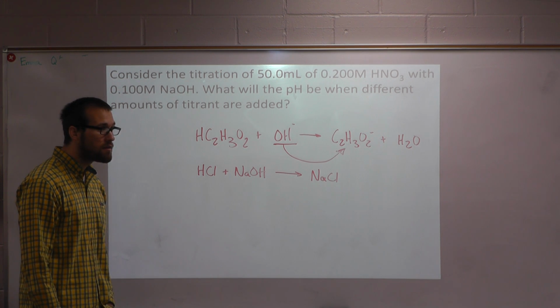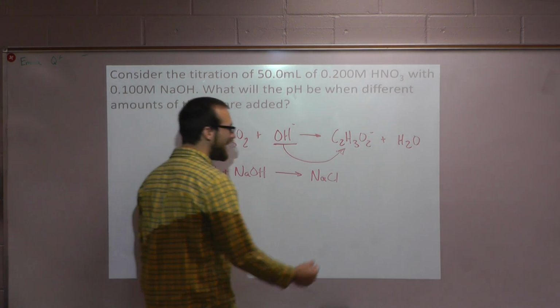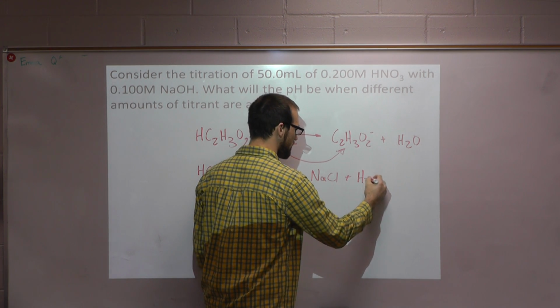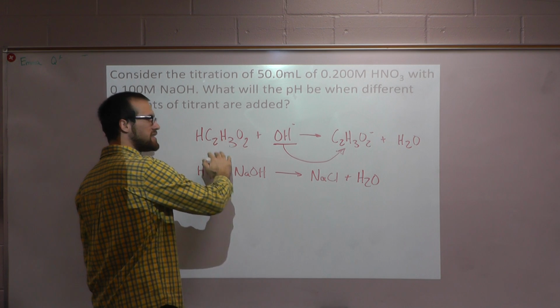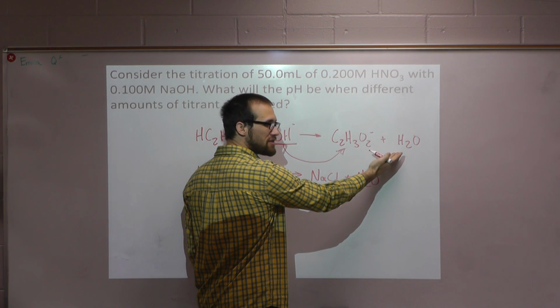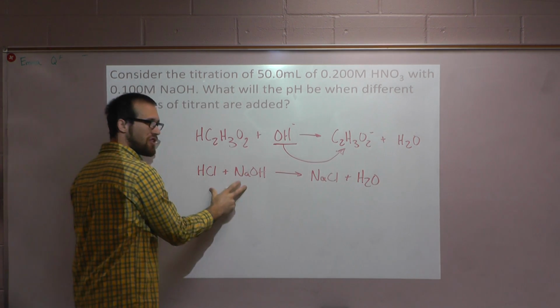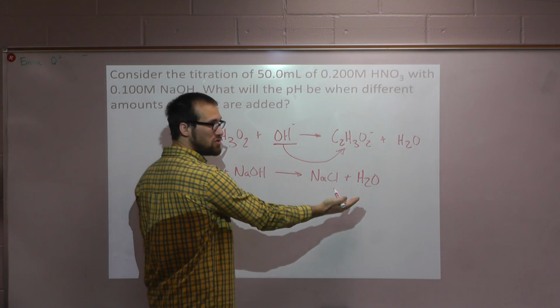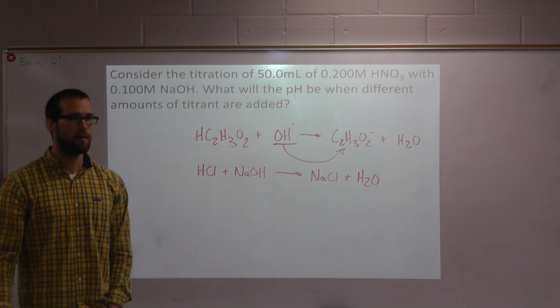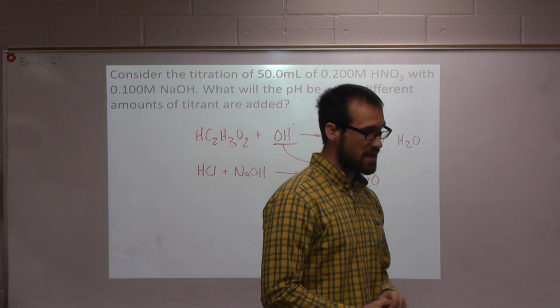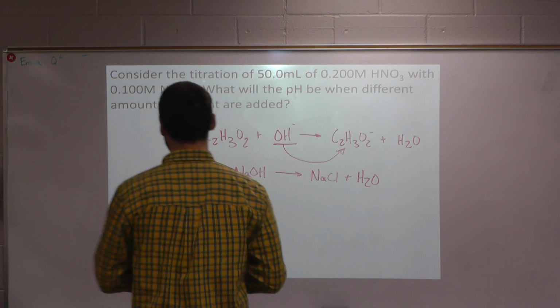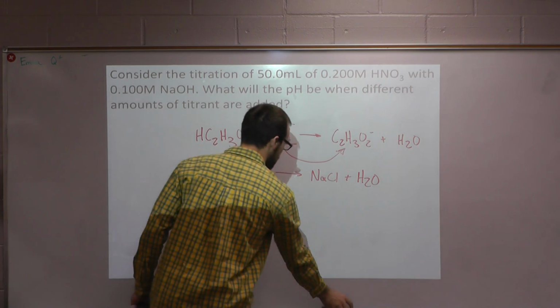Water. So when we were doing this situation, we always ended up with either an acid or a base. When we do a strong situation, we always end up with a neutral salt and water, which makes it a little bit easier when we're doing our titration steps. Does that make sense? So, this is what it's going to look like.